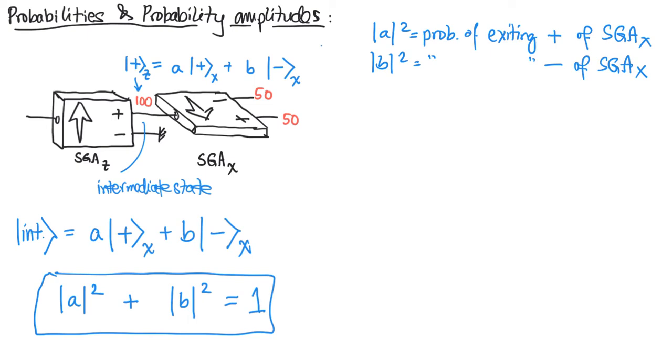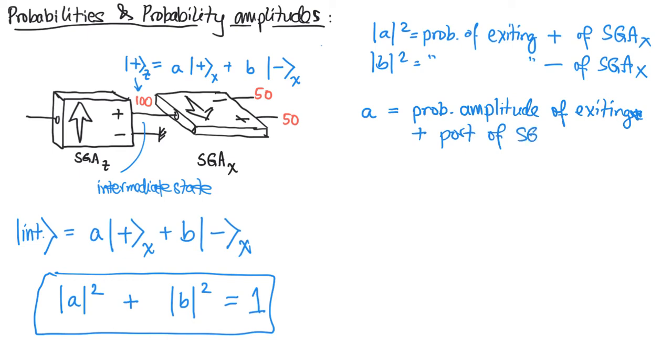The other item that I wanted to point out explicitly is that this term A is given a special name. It's called a probability amplitude, not a probability, but a probability amplitude, of exiting the plus port of the SGAX.